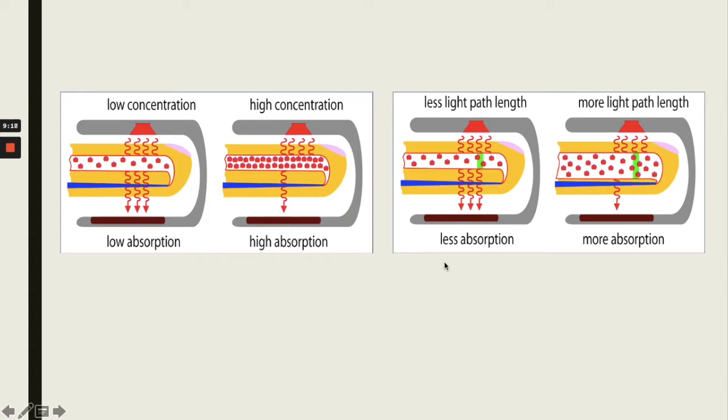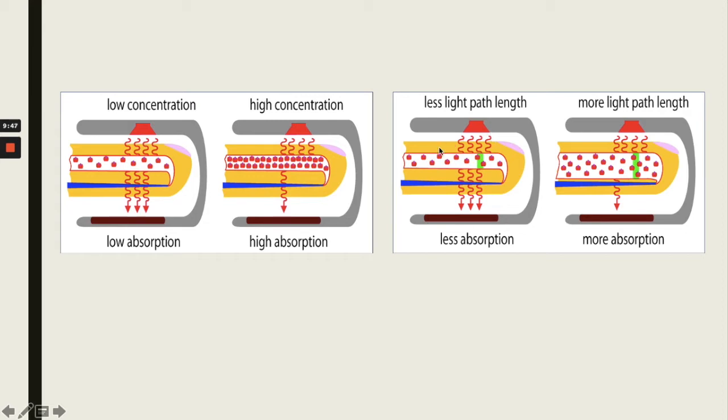Beer-Lambert's law is also talking about the length of the light path. So this is the artery again, and I know the concentrations are different, but let's pretend the hemoglobin concentrations are exactly the same. This is a normal artery, and this is an artery that's dilated, so it has a longer path.